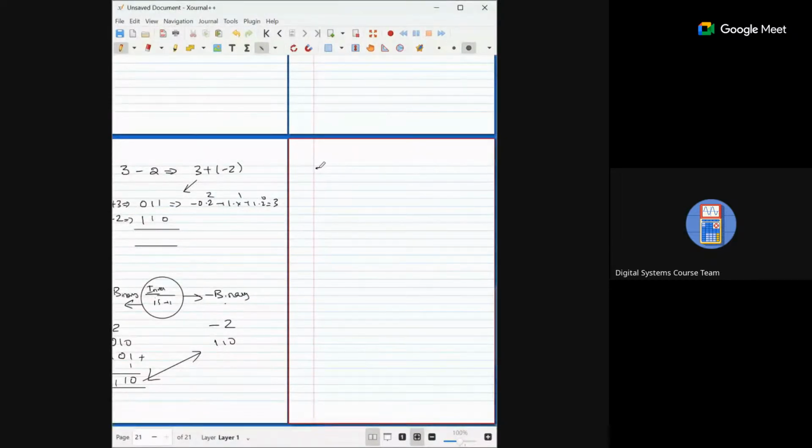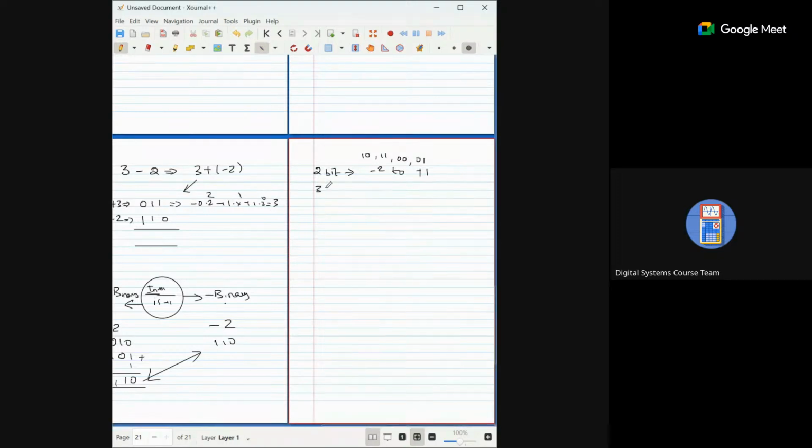So let me take a 2-bit number. What is the range of a 2-bit signed number? It is minus 2 to plus 1. That is 1 0 for minus 2, 1 1 is minus 1, 0 0 is 0, and 0 1 is plus 1.